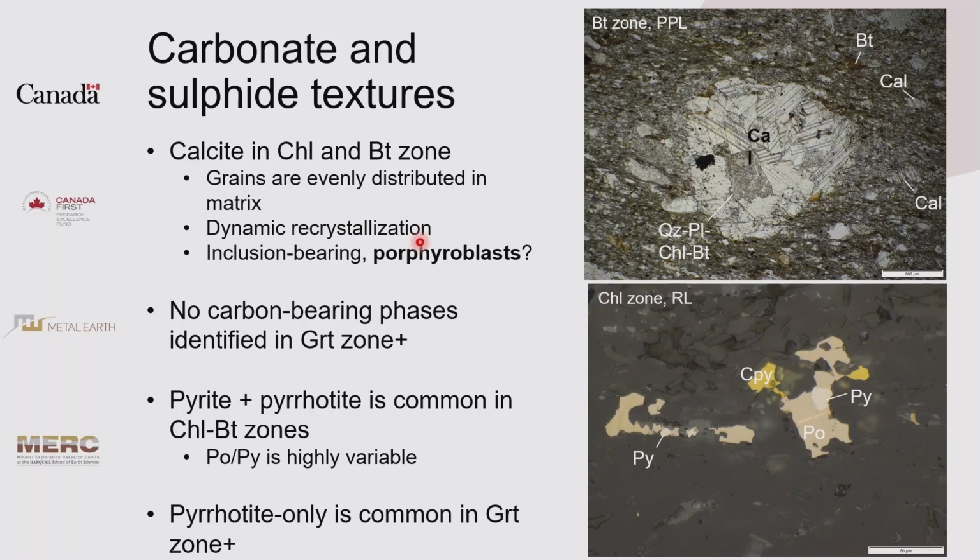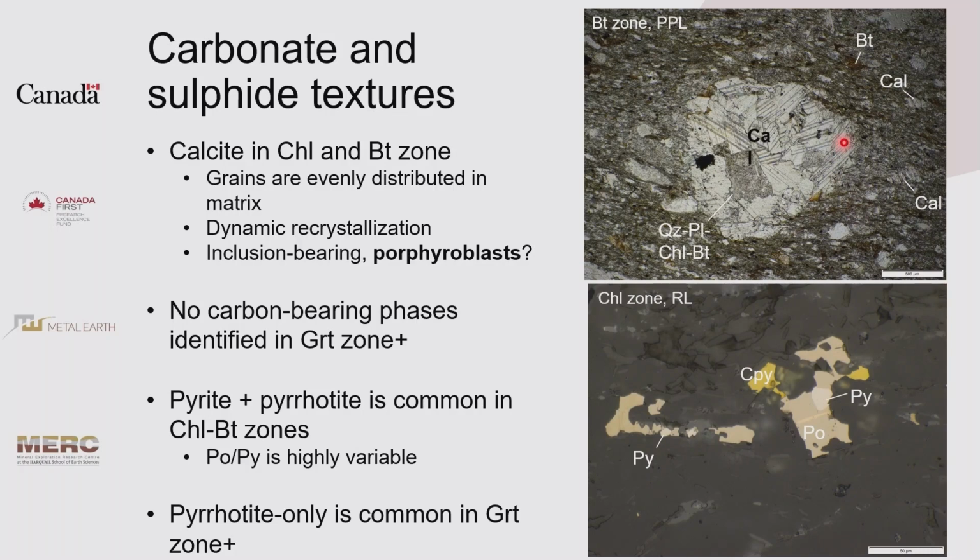They show evidence of triple junctions, so potentially dynamic recrystallization, and the inclusion trails seem to be continuous through these grains. So it would indicate to me that we're dealing with porphyroblasts as opposed to veins. This is important because then we're probably dealing with some sort of primary calcite, or early calcite at least.